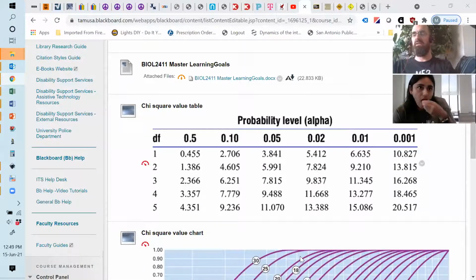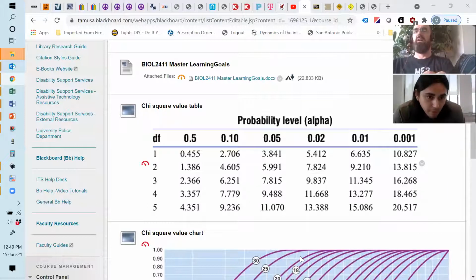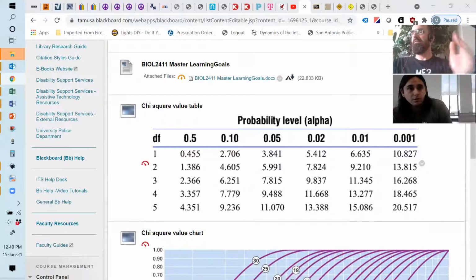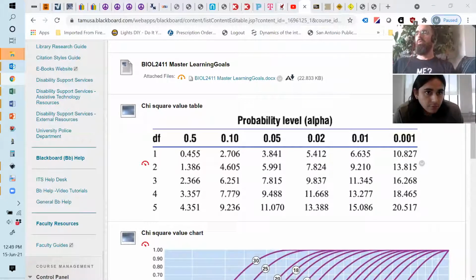And this is just to illustrate the purpose of this. So our chi-squared value would be, actually, what numbers am I going to put in? Our observed for heads is 25.